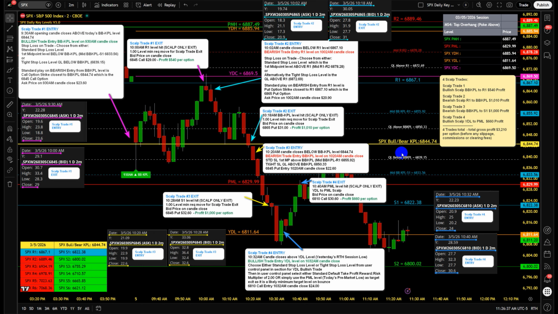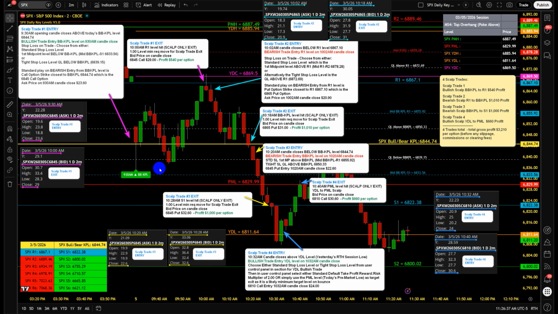So that's an important distinction. So the price level for the bull bear KPL today is 68.4474. So the standard play is going to be the strike closest to this level, which is 68.45. So it's going to be a call option since this is going to be a bullish play.